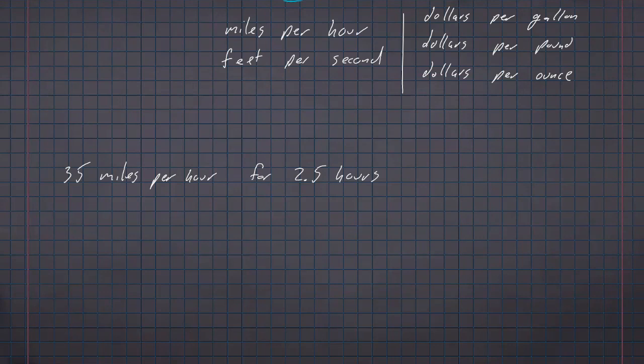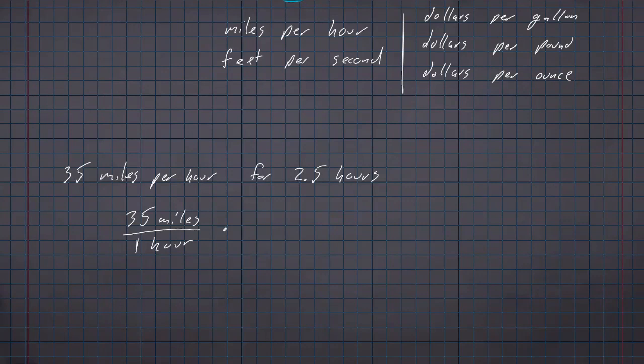Because 35 miles per hour is 35 miles divided by hour. Well, divided by hour is a little bit weird. We can always throw in a 1 without changing anything.